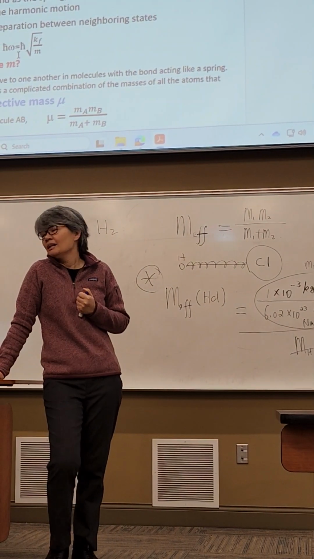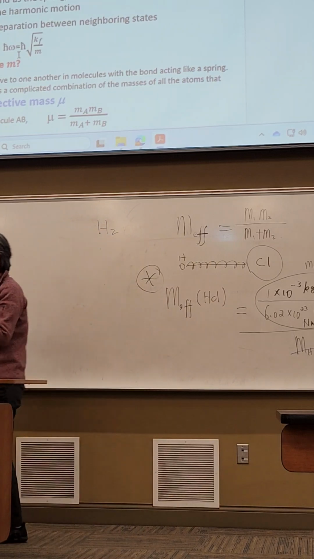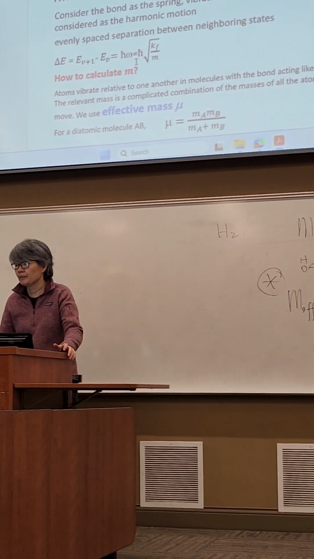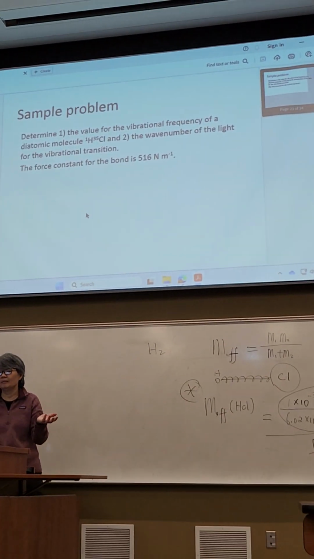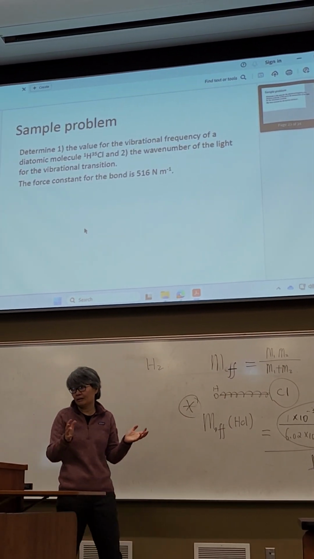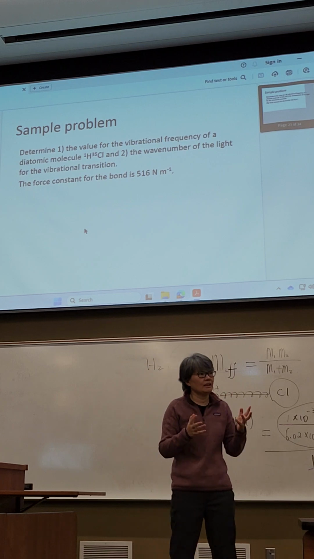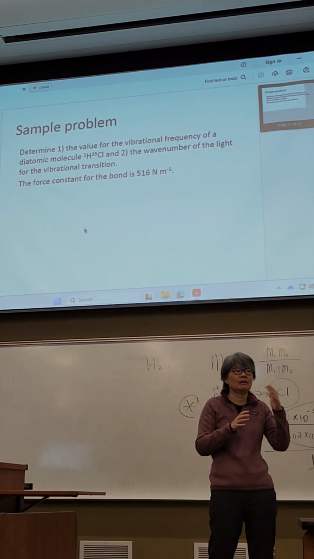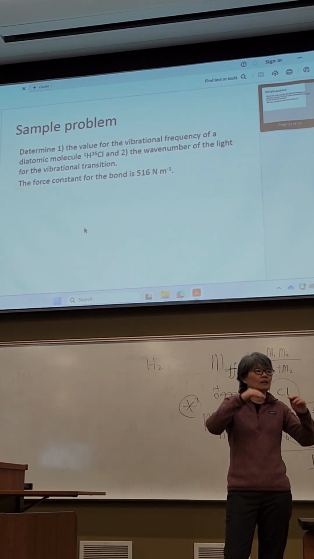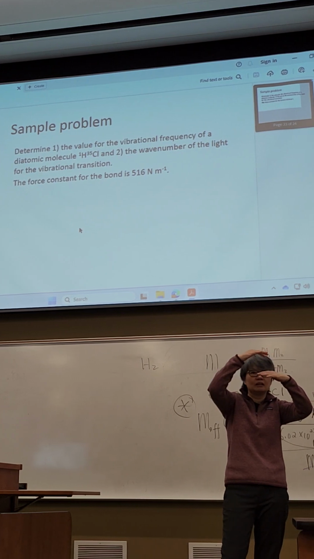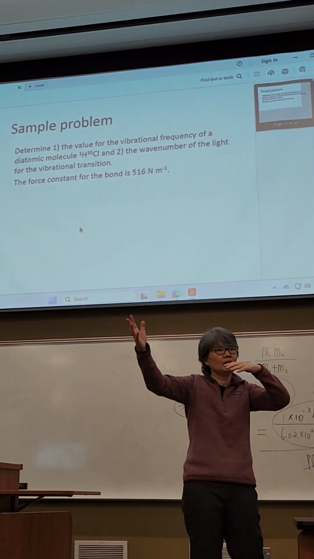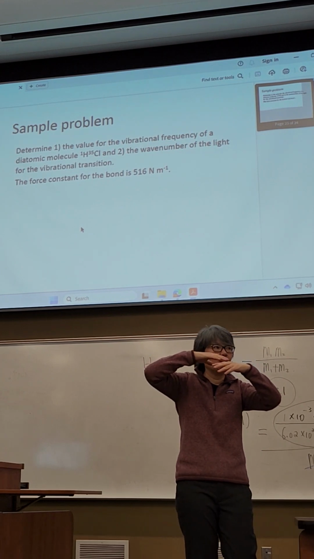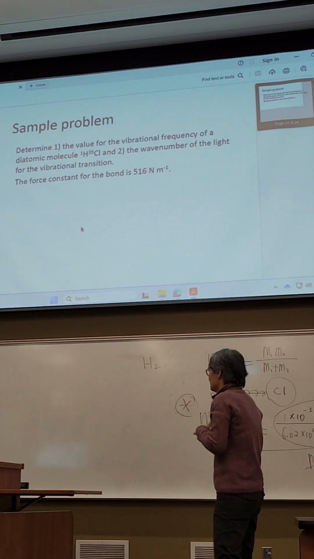Very good. And then once you know that, you can think about the vibrational transition, which we also talked about last Friday. The energy difference between the two states for the transition has to match the incident light or emitted light. That's the same idea.